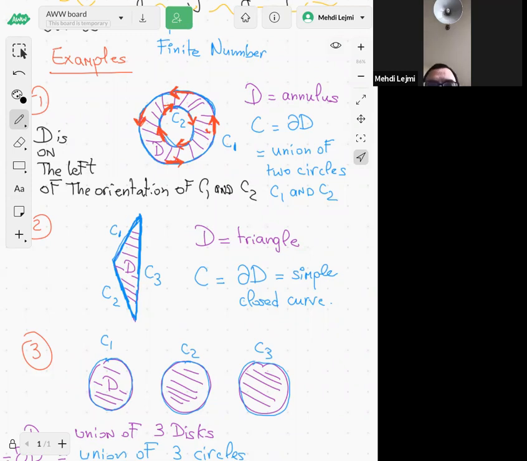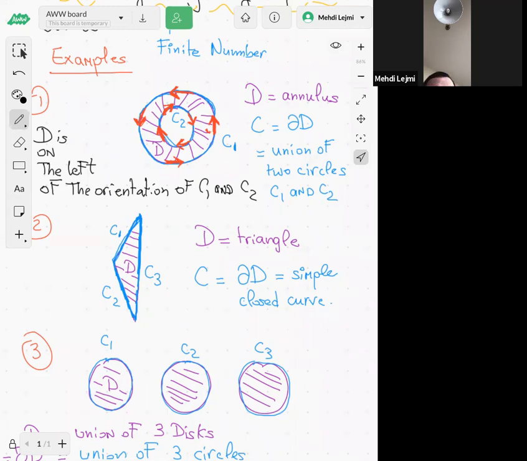Does it make sense to you guys? Why I chose the counterclockwise orientation for C1 and the clockwise orientation for C2? Because in both cases you need D to be on the left as you traverse the circle.